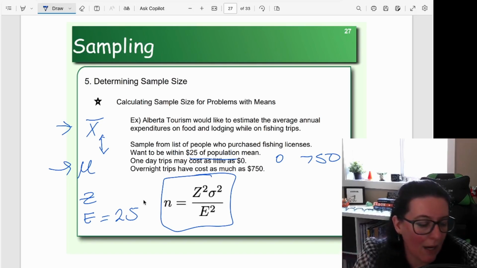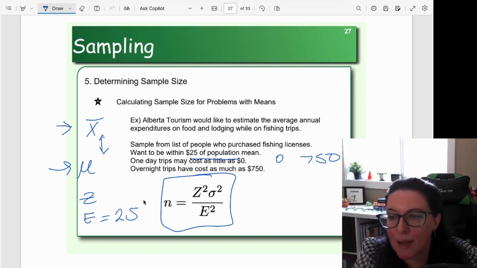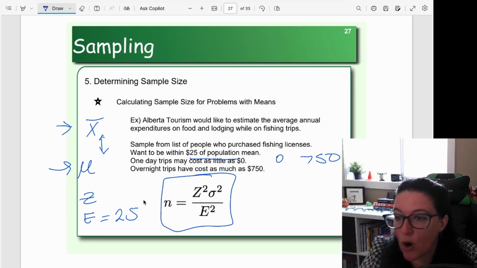If we were to take multiple samples, recall that when we were looking at sampling error, each time we found an average from a different sample, it was a different distance away from the population mean. So we want to be within that $25. We want to have them close.